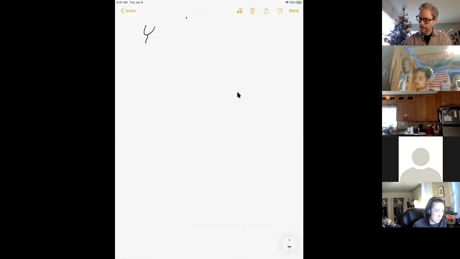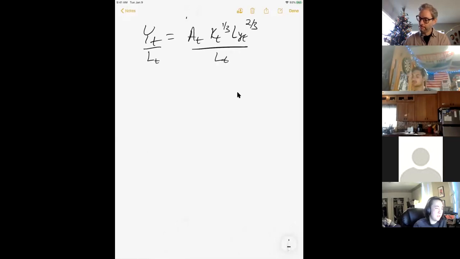Okay, so here's our Cobb-Douglas production function. Right? So I divide this by the total population to put this in per capita terms. Right? This can be simplified to this.